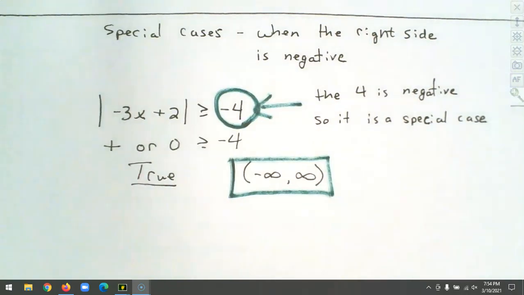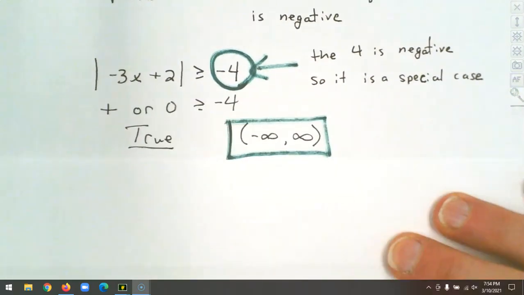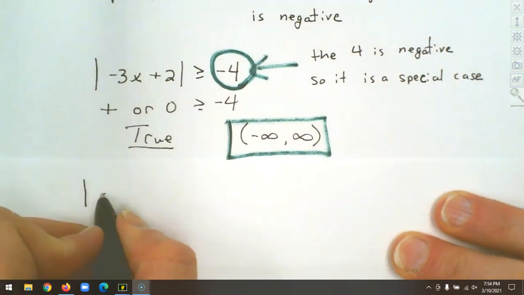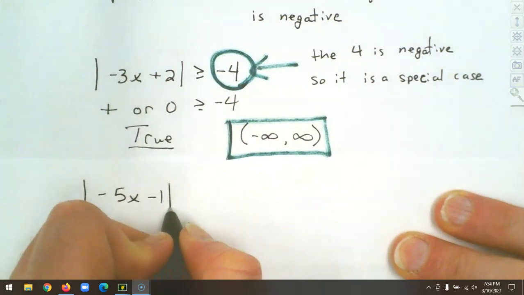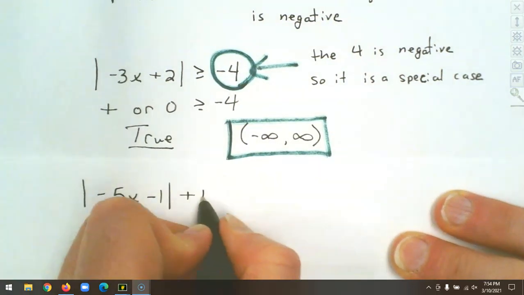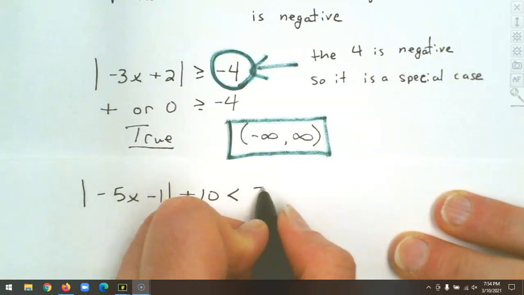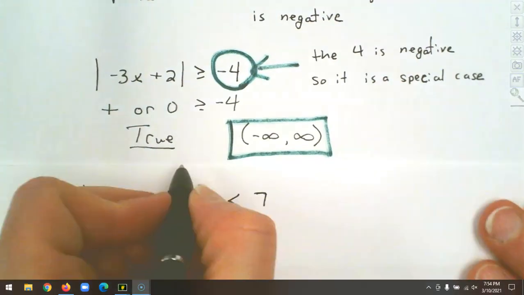Let's do a few more of these. How about the absolute value of minus 5x minus 1 plus 10 is less than 7. Now, it doesn't look like a special case, and we're going to solve this one.